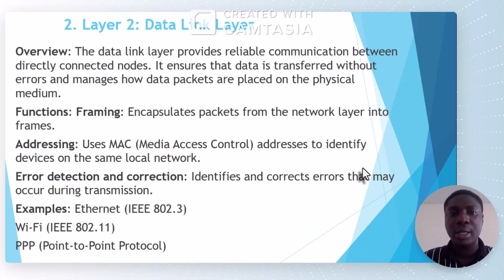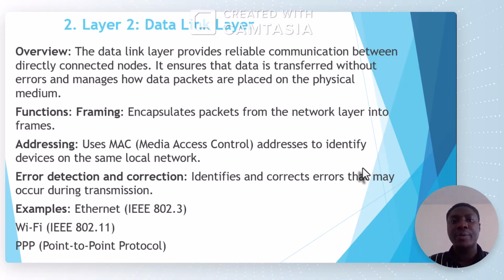The second layer is the data link layer. In overview, the data link layer provides reliable communication between directly connected nodes. It ensures that data is transferred without errors and manages how data packets are placed on the physical media.